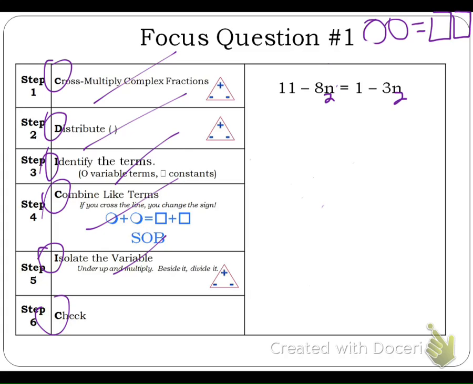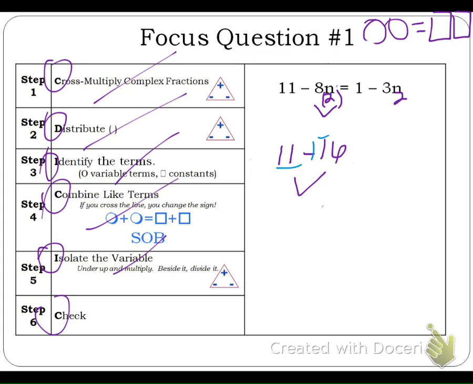So I'm going to look just on the left-hand side of the equation. I have 11 minus 8 times n, or 8 times 2. I need to do my multiplication first. So I have 11, negative 8 times a positive 2 equals a negative 16. 11, take away 16. Oh, it's a subtraction, so I need to keep, change.